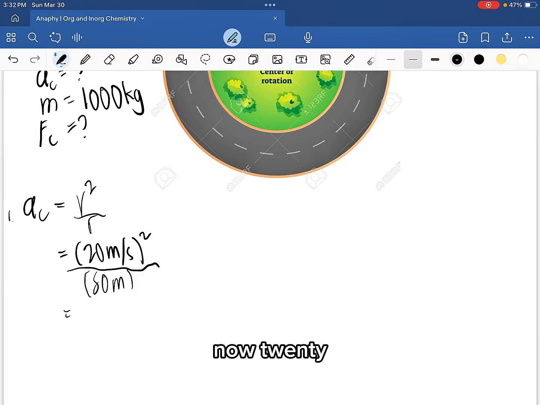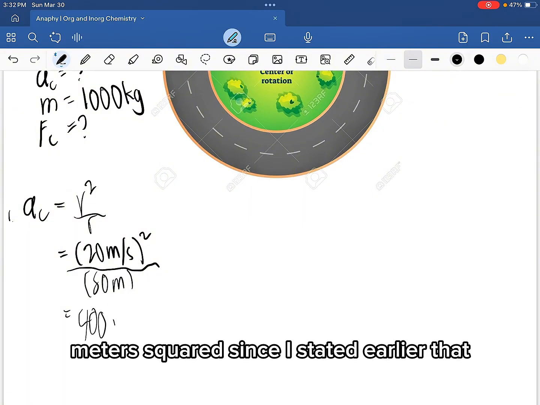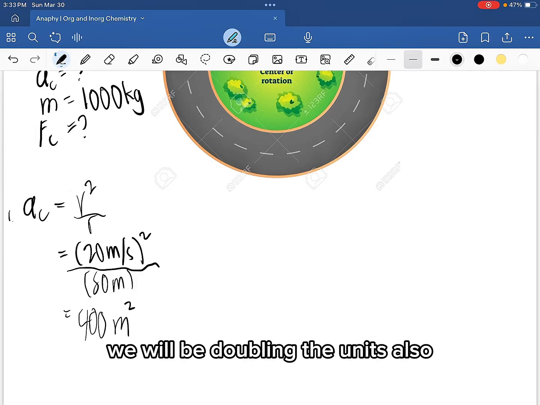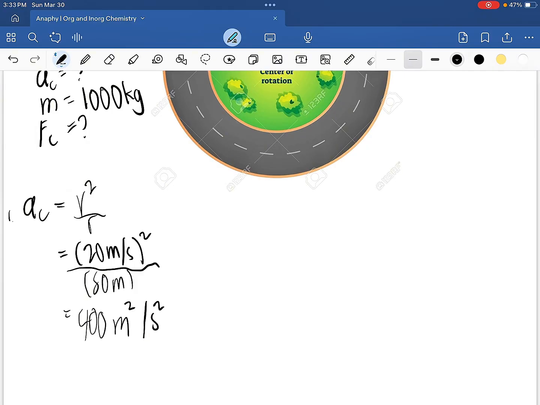Now, 20 meters per second squared is 400 meters squared per second squared, since I stated earlier that we will be doubling the units also.